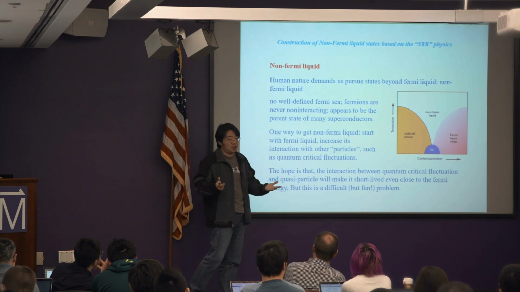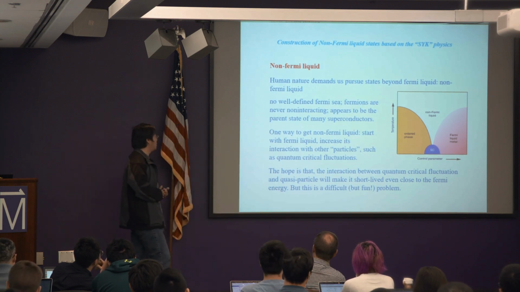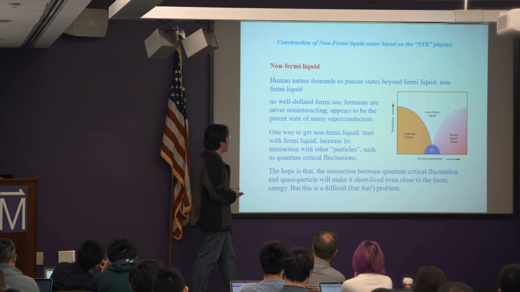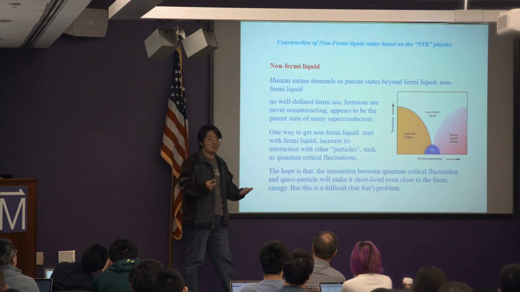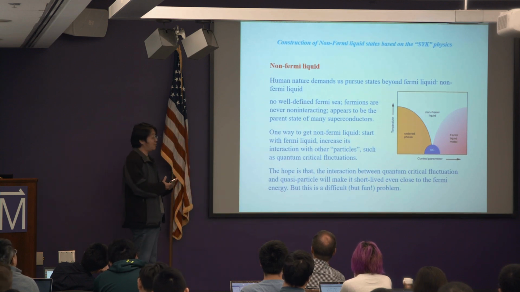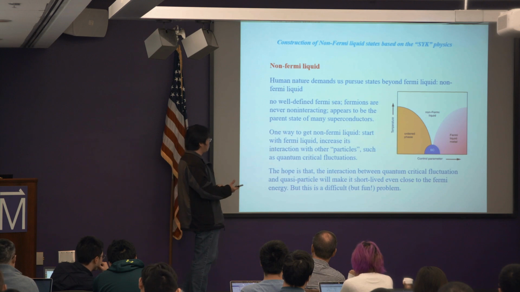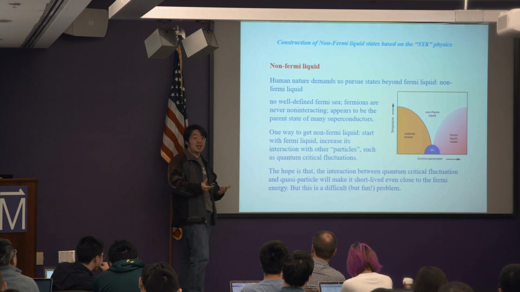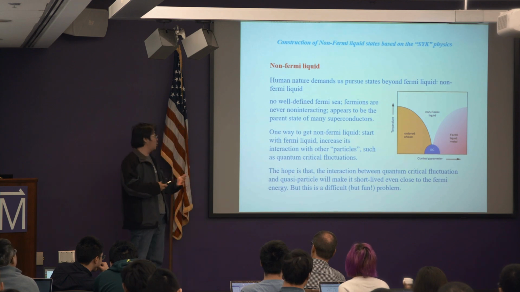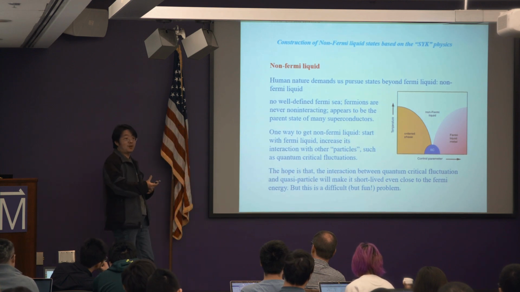Yesterday we heard a very nice introduction to non-Fermi liquids. One more traditional way of getting a non-Fermi liquid is to start with a Fermi liquid state, the non-interacting limit, and couple the fermions with some other particles. For example, we couple the fermions with quantum critical modes. Then the quantum critical mode may interact with the fermion very strongly.